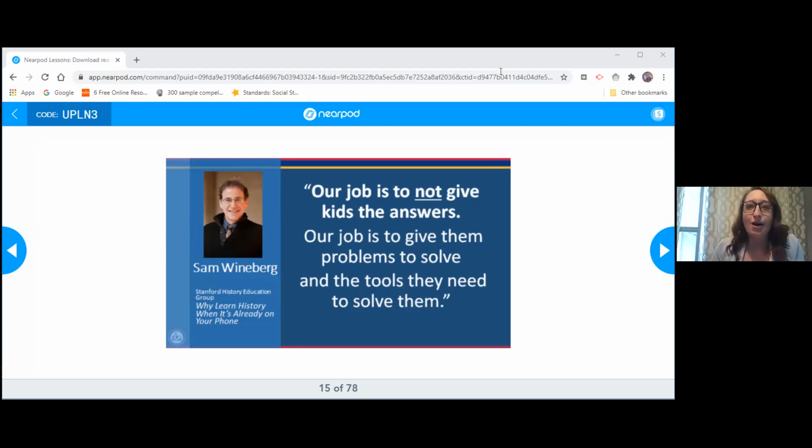What does this mean to me now as a 7th grade student sitting in my teacher's classroom? What does this mean to me as a citizen of the United States? So those are the questions that we want them to be grappling with, not what year was the French Revolution. Those types of questions are things they can Google. And it's a good tool for them to learn how to Google too. But it's not to give the kids the answers. It's about giving the kids those problems to solve and then the tools that they need to solve them. So that's what our new standards encompass.